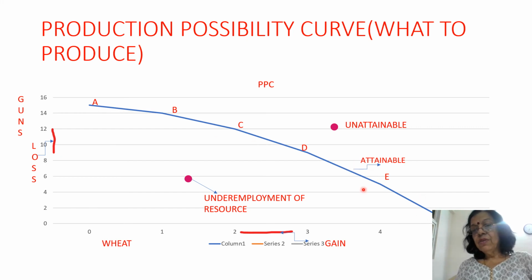Full utilization of resources, attainable resources are there. So the country can decide what to produce, and quantity, from here, from C to D to E or to B. It can go to any point, and if it increases production of one good, then it will have to decrease production of the second good.